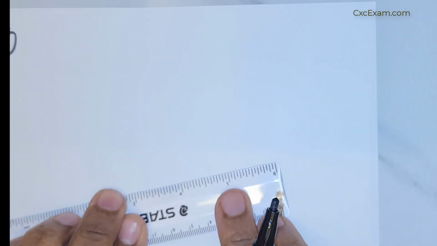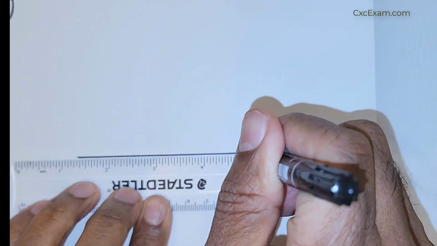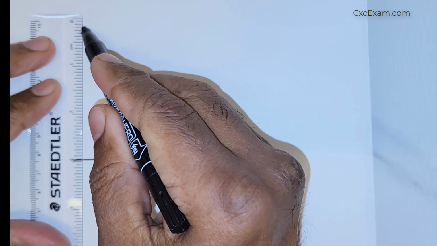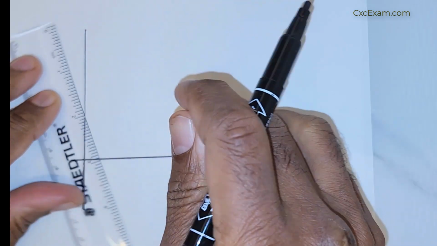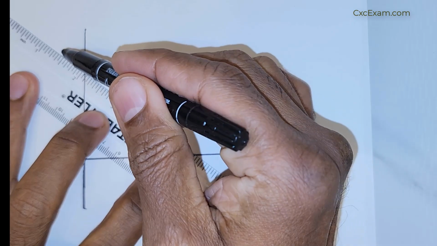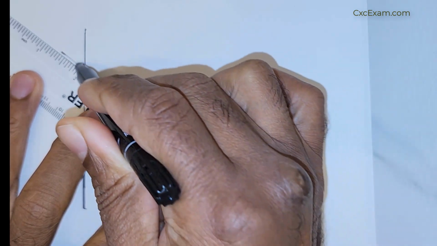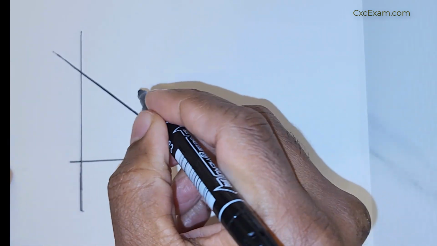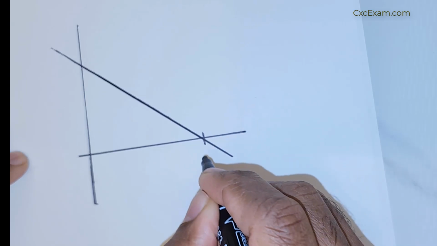Now this is the next question. Let me draw the graph first. You have a line like this, and this point, you have to look at this point.